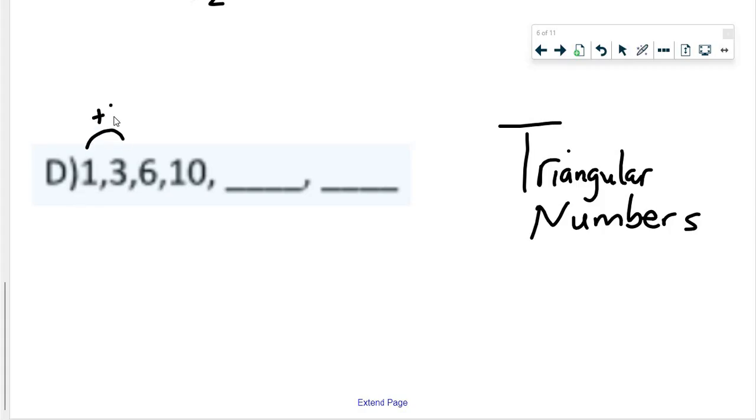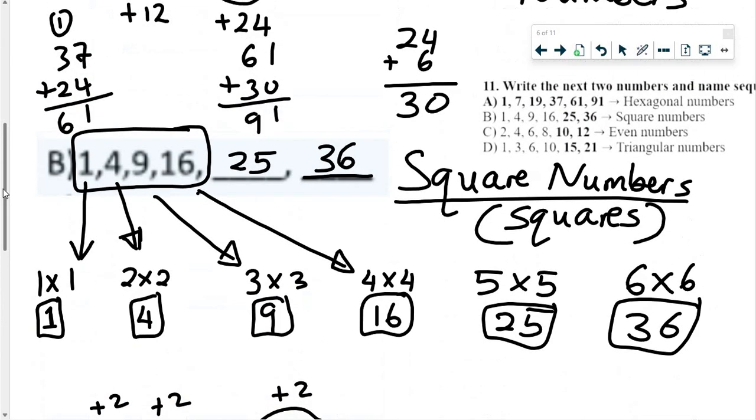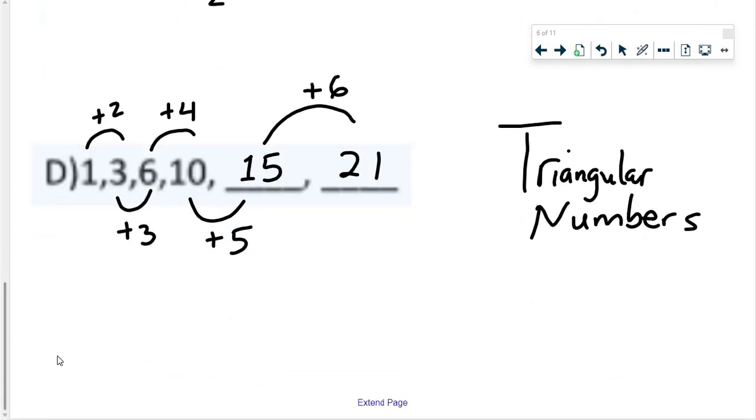Add 2, add 3, add 4, add 5, add 6. So the next numbers after 10 will be 15 and 21. So you have 15, 21, and that is all. The next question.